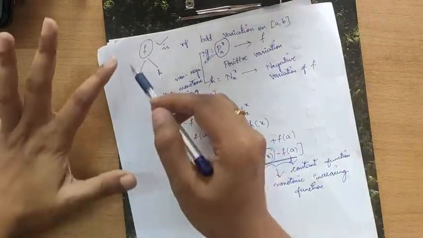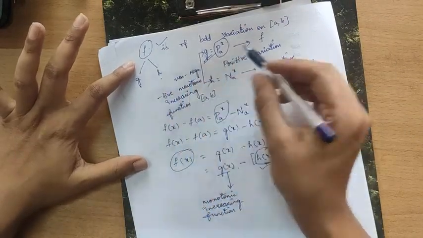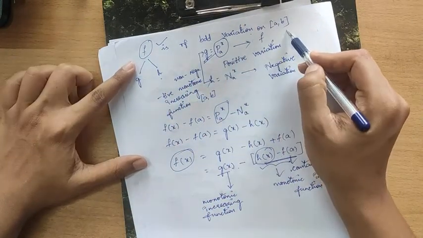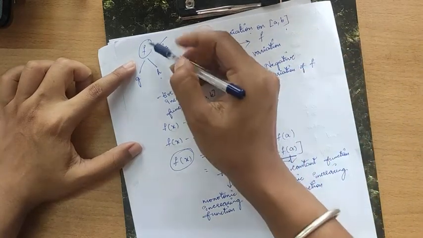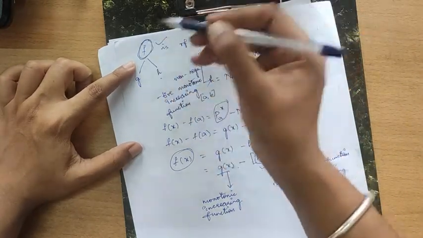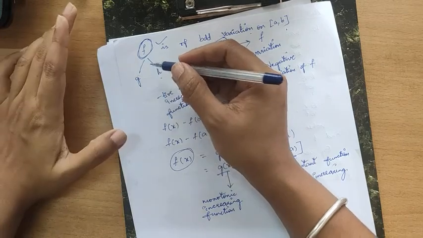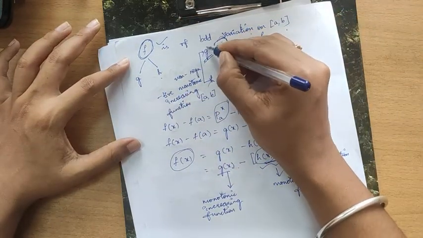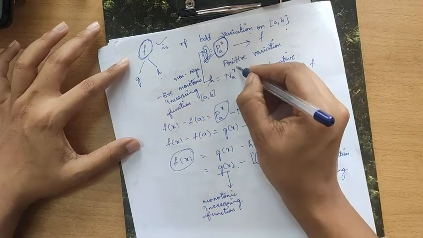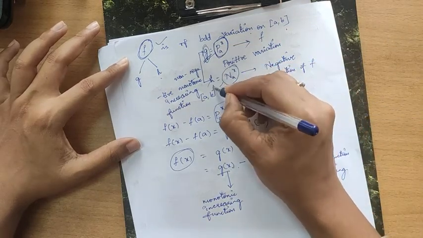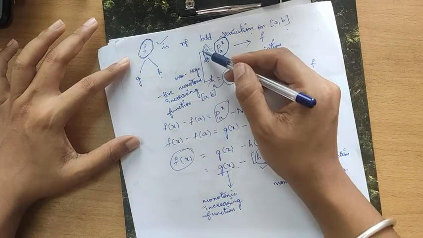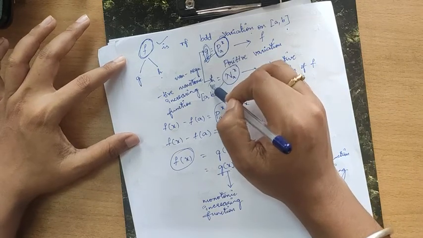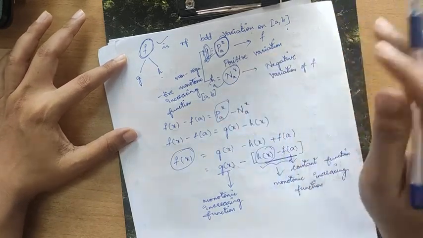So what I have done, I have considered f is of bounded variation on closed interval a comma b. So obviously this bounded variation consists of positive variation as well as negative variation. Positive variation is nothing but a function g of x, and negative variation is nothing but your function h of x. And also g of x and h of x are non-negative monotonic increasing functions.